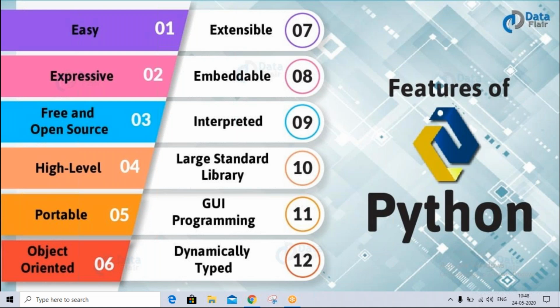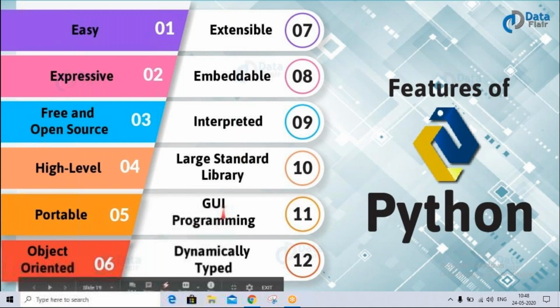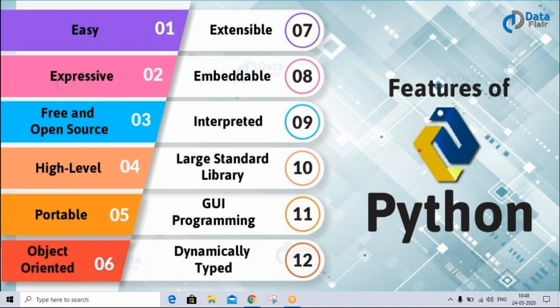Then it's open source, and it has lots of libraries available that you can work with. It's a high level language, it's portable, object oriented, extensible, embeddable, interpretable. GUIs can be made. If you open Excel, that is a GUI. A calculator is a GUI.